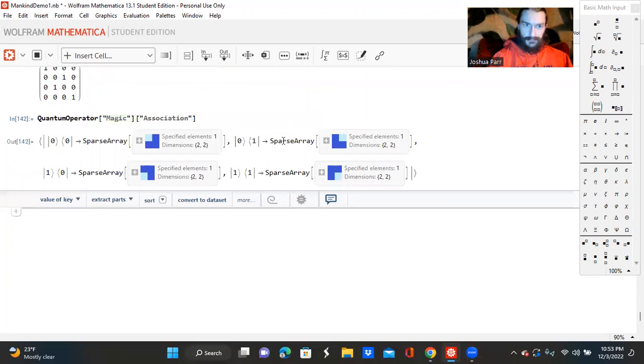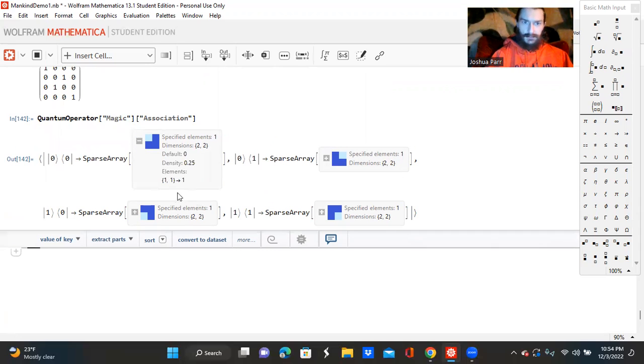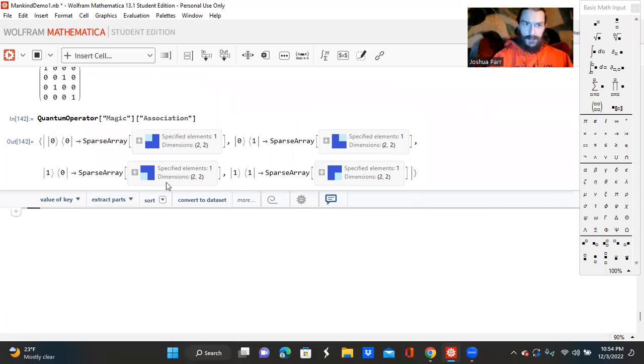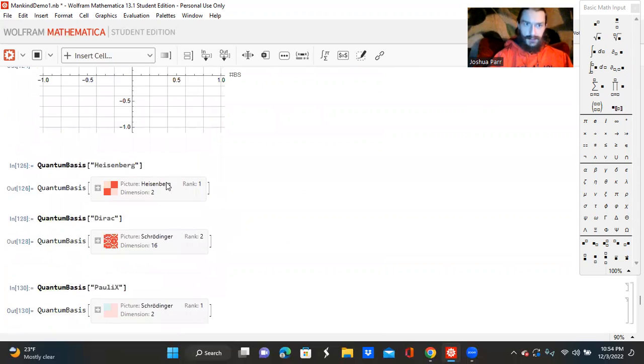There we are. This is a named operator called magic, and these are its associations with the various sparse arrays. View a series of sparse arrays.